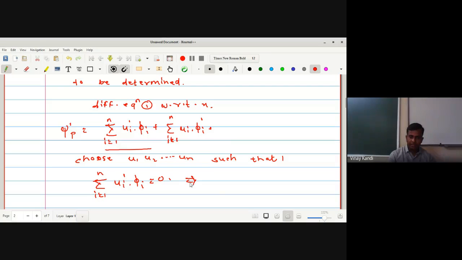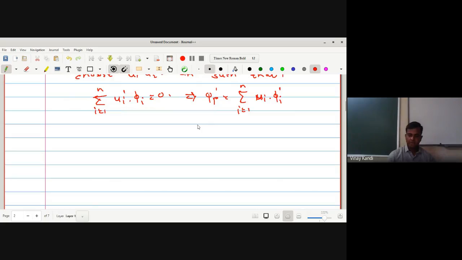It implies that psi p dash is equal to summation i running from 1 to n of ui into phi i dash. Now putting this value 0 here, we get psi p dash is equal to summation i running from 1 to n of ui into phi i dash.